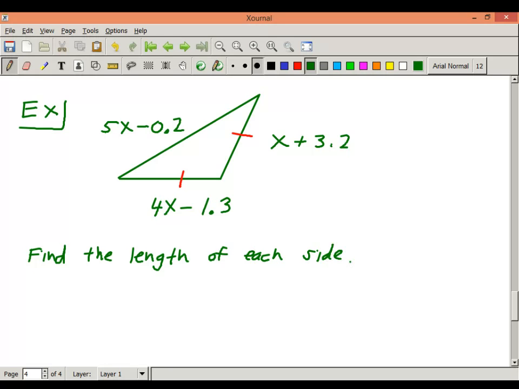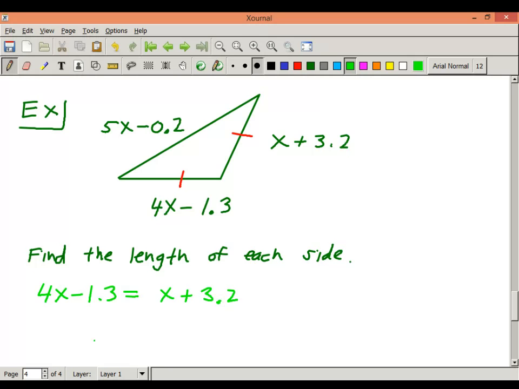So I think we probably see by now that the way to find the length of each side is to calculate x first and then plug that number in for x and get all 3 sides. So we're going to take advantage of the fact that you have 2 sides that are congruent and then use that to set up an equation. So we have 4x minus 1.3 is equal to x plus 3.2.